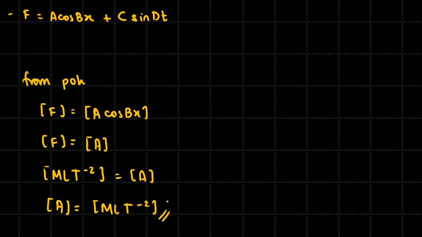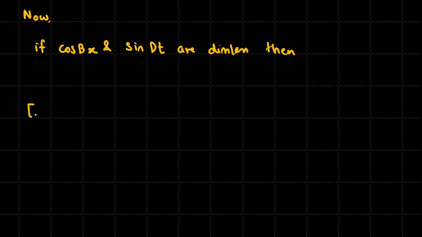Now we need the dimension of b and d. If cos bx and sin dt are dimensionless, then bx must be dimensionless too, since the term inside cos should be dimensionless, because it is an angle, measured in radian or degree, which does not have a dimension.